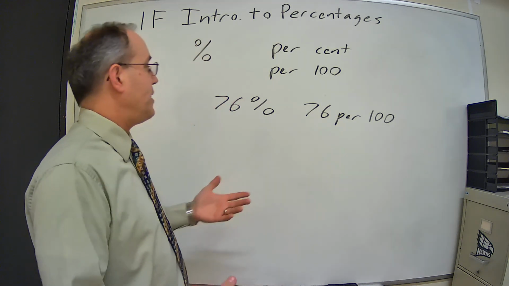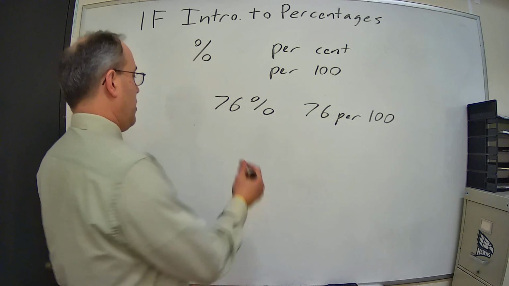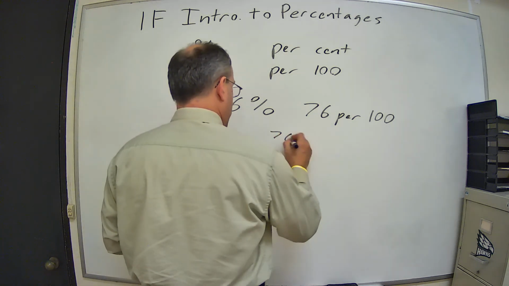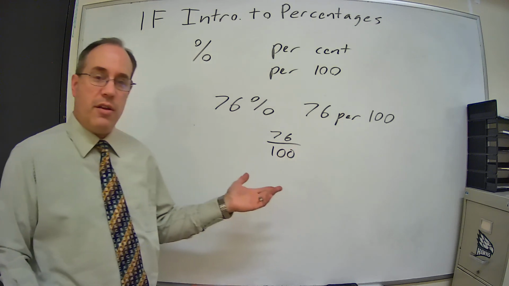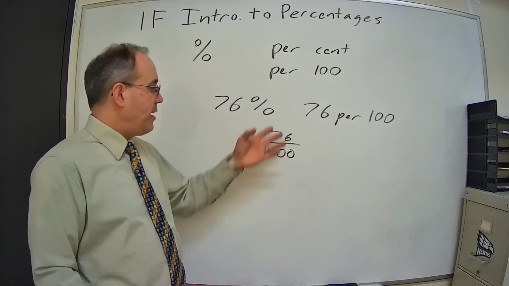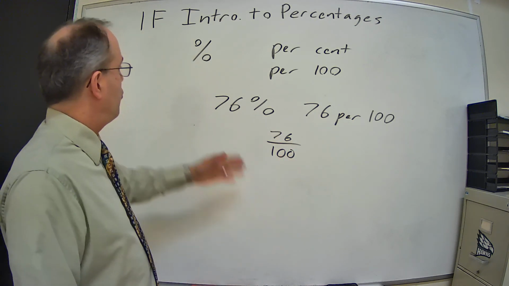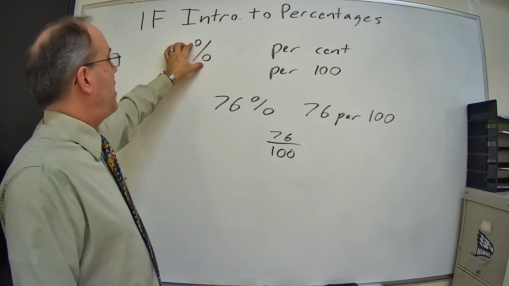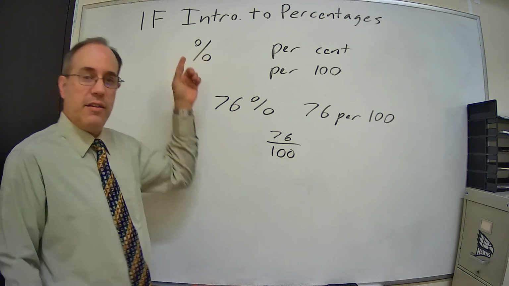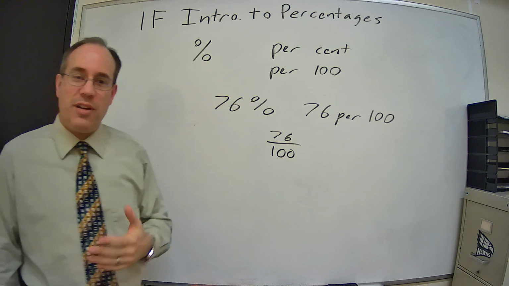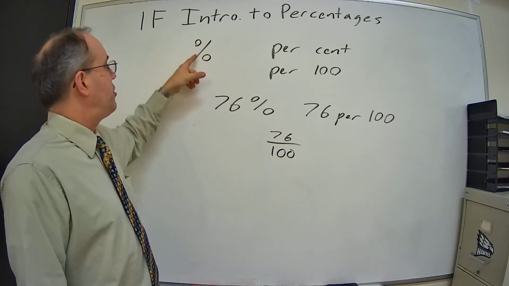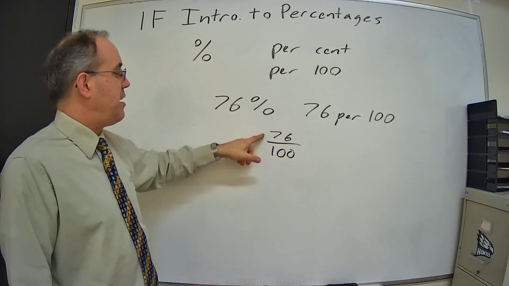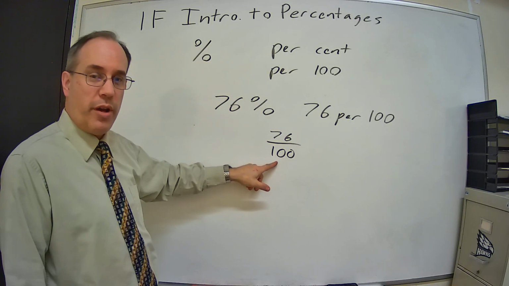And you can even write that as a ratio of 76 per 100. I kind of like this look because when you look at the percent sign, doesn't that look like a ratio or a fraction? This over that, 76 over 100.